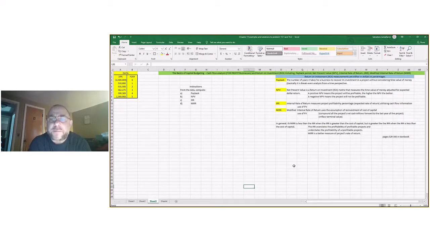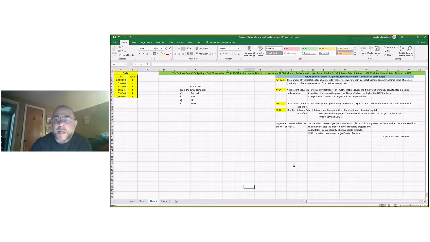The difference with the internal rate of return is that it uses present value. So you're taking your numbers and bringing them to the present, whereas modified internal rate of return brings your cash flow amounts to the future, to a terminal time, your terminal amount. Terminal meaning the end.